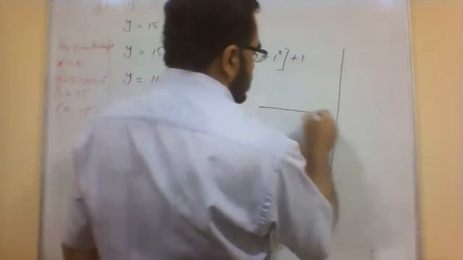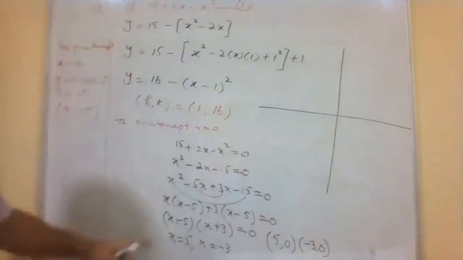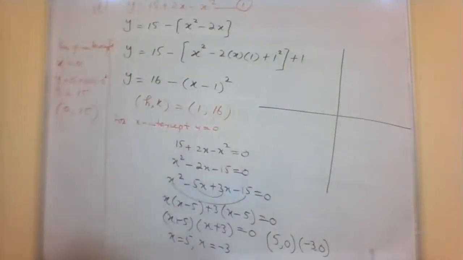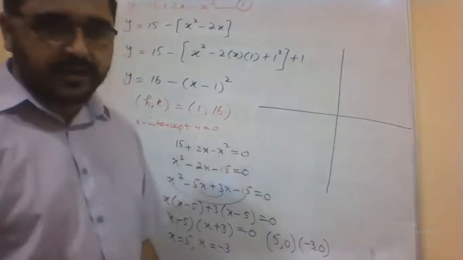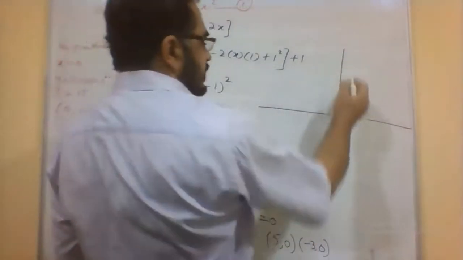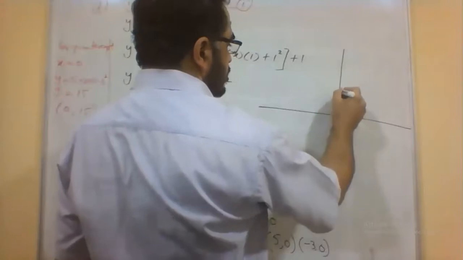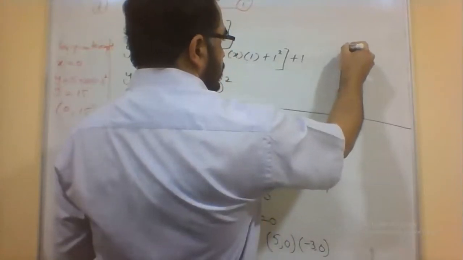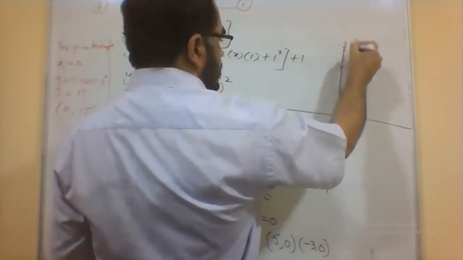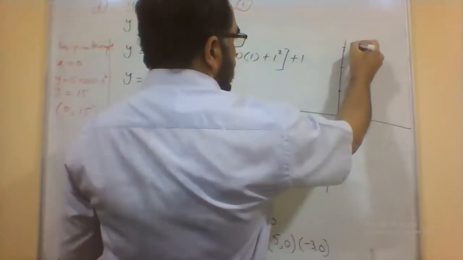how we can sketch the graph. Turning point is 1, 16. Suppose on the y-axis 5, 10, 15, and here will be 16. The turning point can be here.